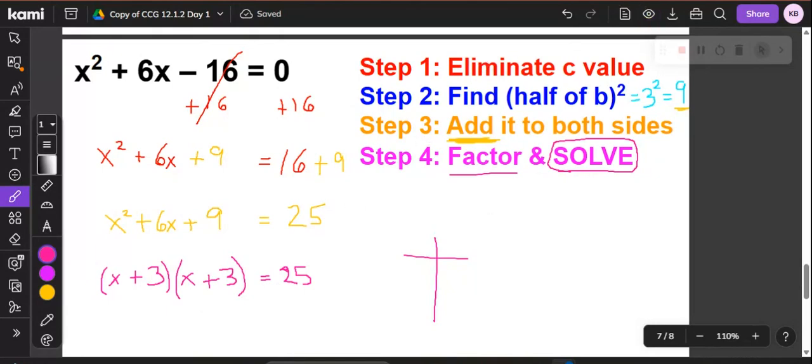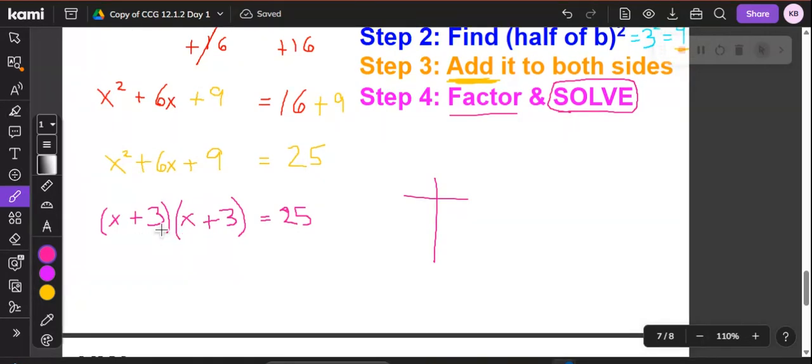Now at this point you could start trying to think about solving it, but again, it's not equal to 0, so we're going to write this as my perfect square binomial. X plus 3 times itself is the same as x plus 3 squared. And again, if you really want to, you could certainly skip this middle step here in pink.